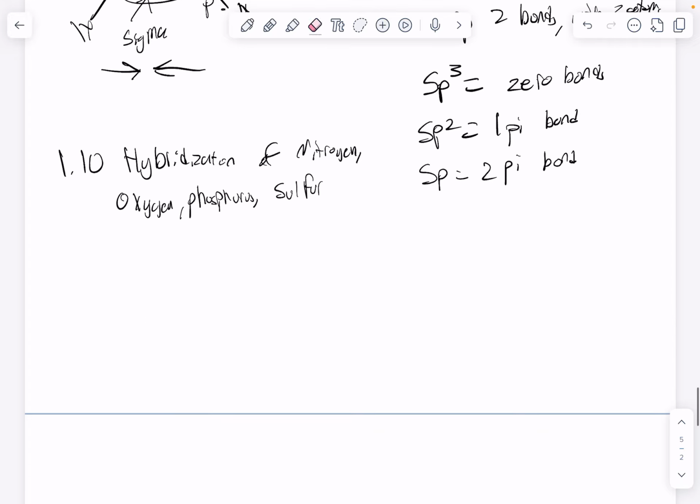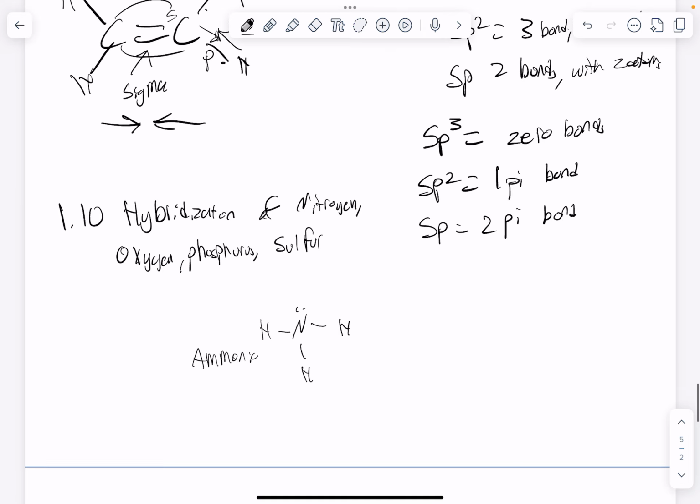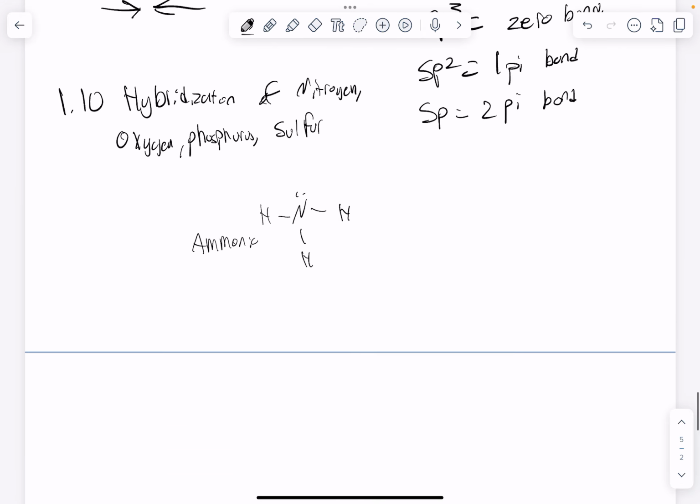So for ammonia, like I said, this is just a rule of thumb because it's not always true, because ammonia is bonded with 3 atoms. So with 3 atoms, you would think, oh, sp2, but no, because it has a lone pair.